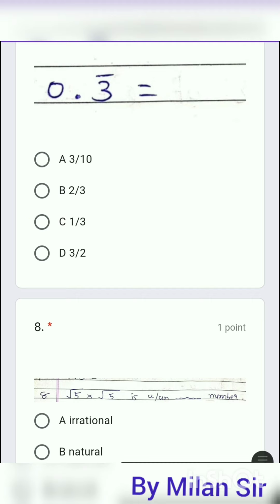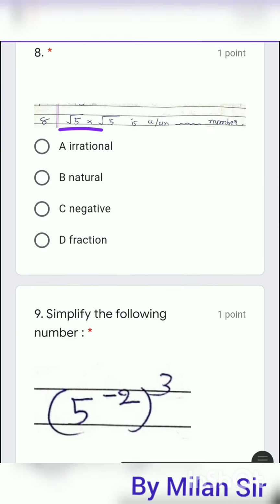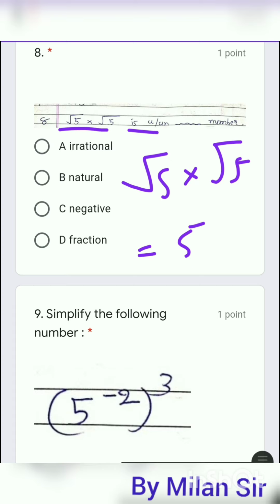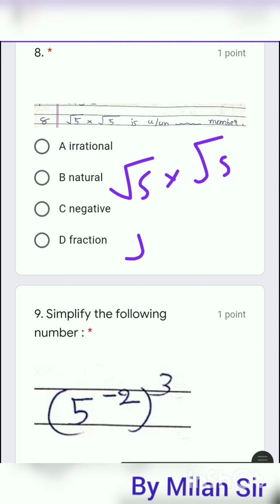After that, question number 8. Under root 5 multiplied by under root 5 is which number? Under root 5 multiplied by under root 5 is only 5. Why? Because under root 5 multiplied by under root 5 is under root 25, and the square root of 25 is 5.